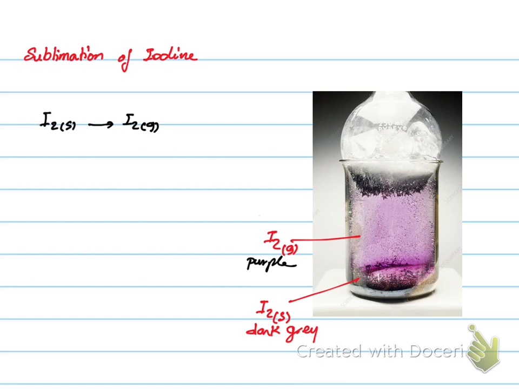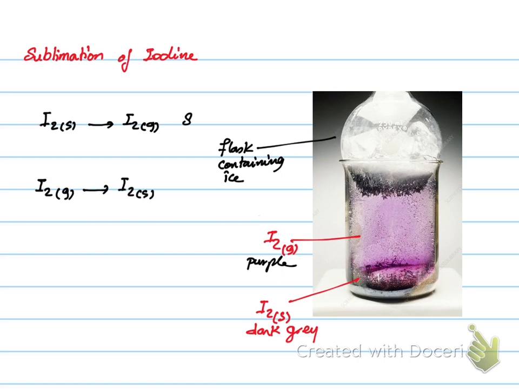If a cold flask containing ice is placed on the top of the beaker, then the purple iodine vapor will deposit into solid iodine.